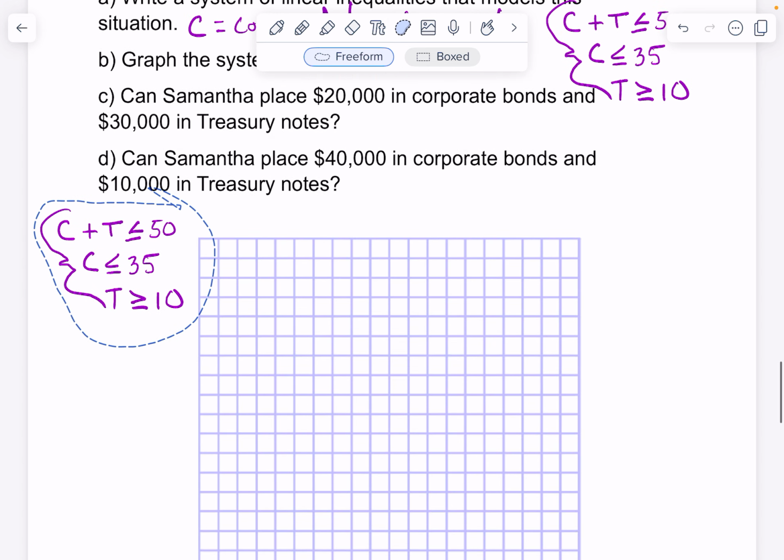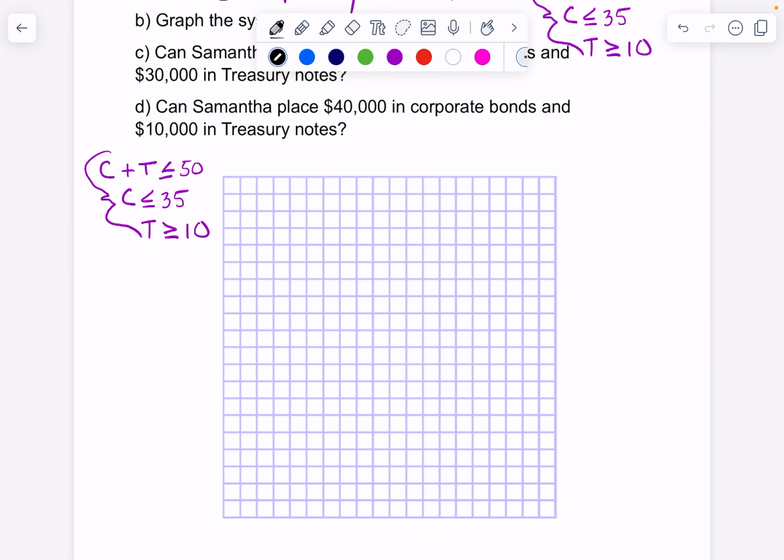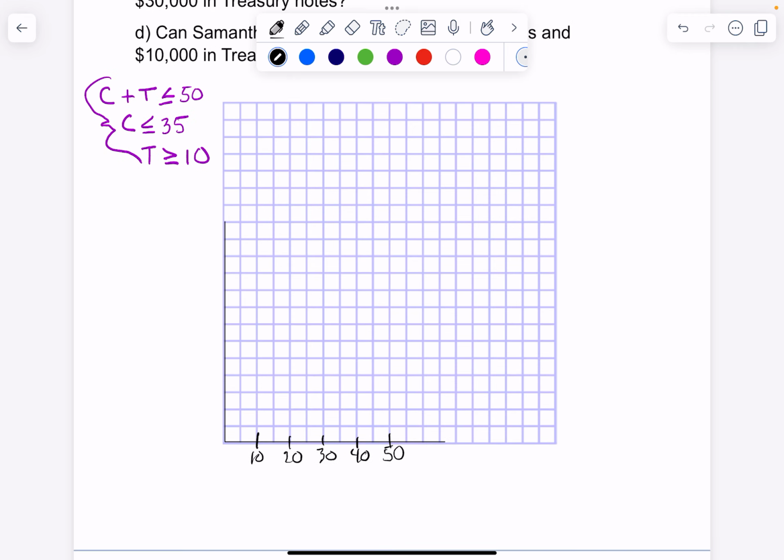Okay, so in our particular situation here, let's go ahead and go by fives. So this would be 10, 20, 30, 40, 50. And we called C the corporate bonds, so we're going to call this corporate bonds.